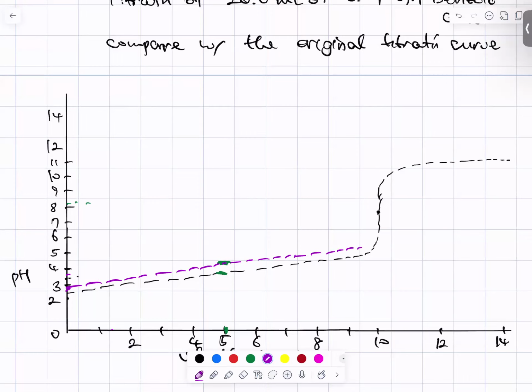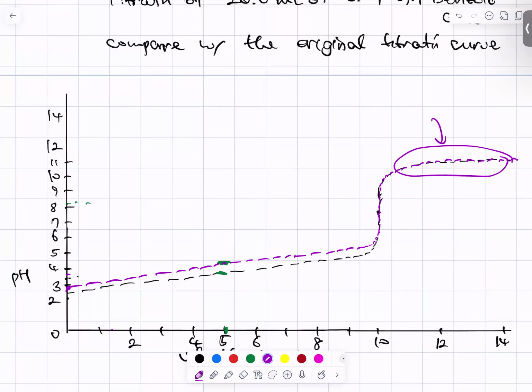But because both are monoprotic acids, and their concentration and volume are exactly the same, their equivalence points are the same. At the equivalence point the pHs go up, and at the base level they are overlapping with each other.